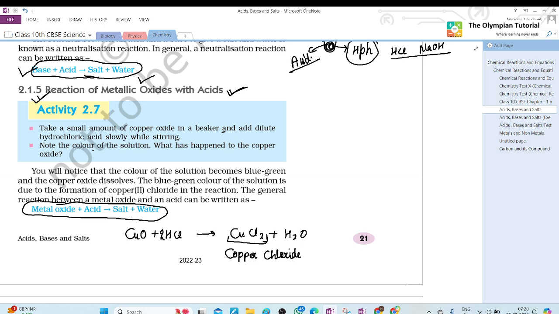Blue green colored solution is formed due to the formation of copper chloride, and copper oxide dissolves.